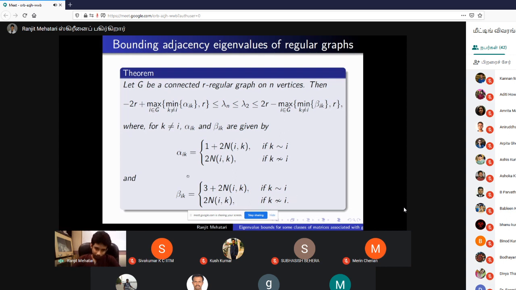So this one we get for the case when the disks are centered at minus 1, and this one we get when the disks are centered at 0. Okay.